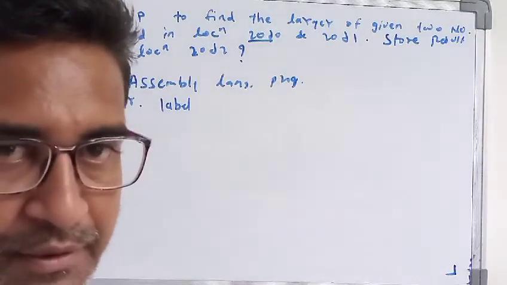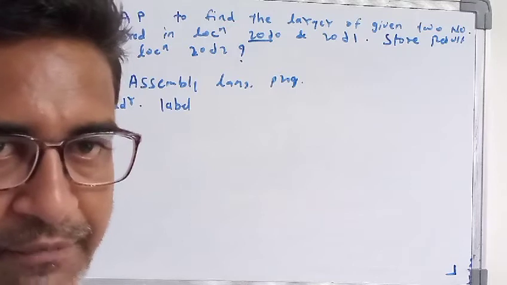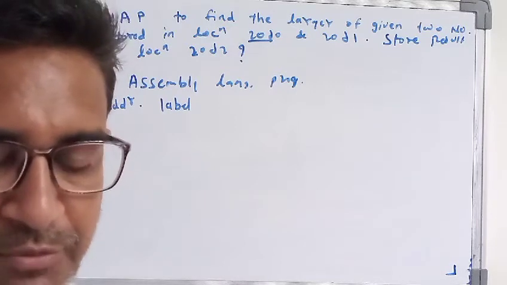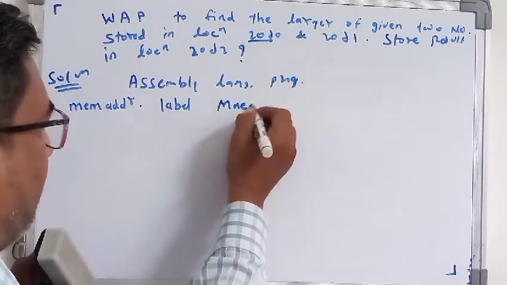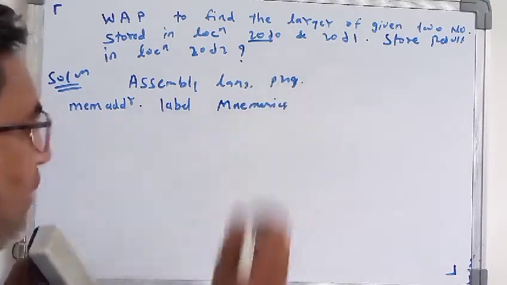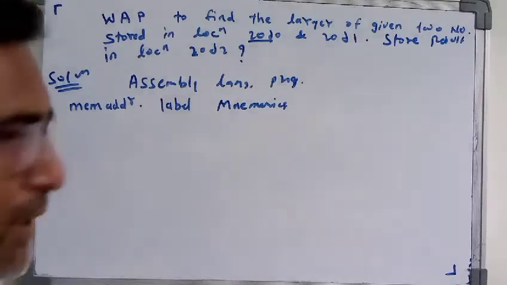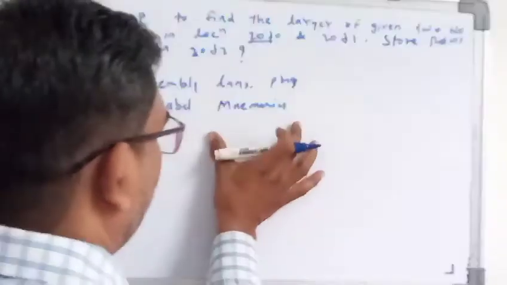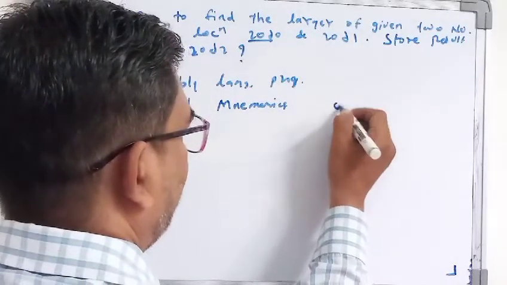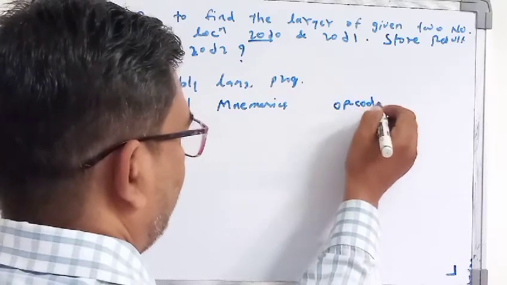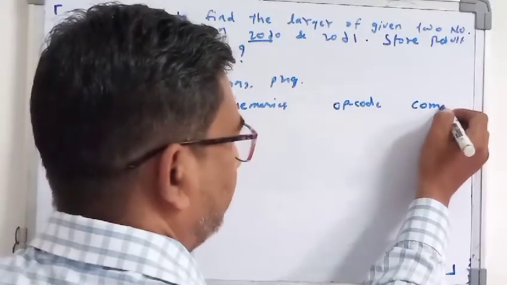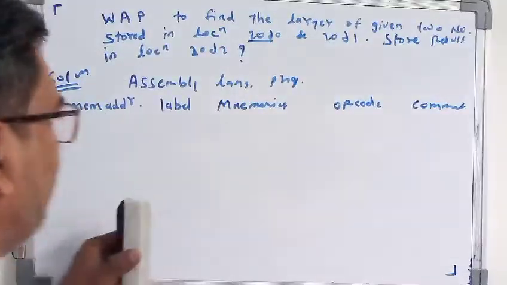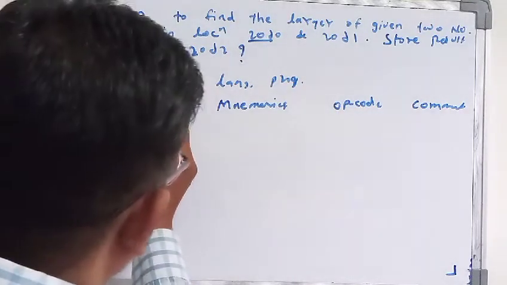The main thing to write is the different instructions, indicated in this block with the mnemonics. Then the opcode you have to write down. The meaning of an instruction is nothing but a command. We just make the block.